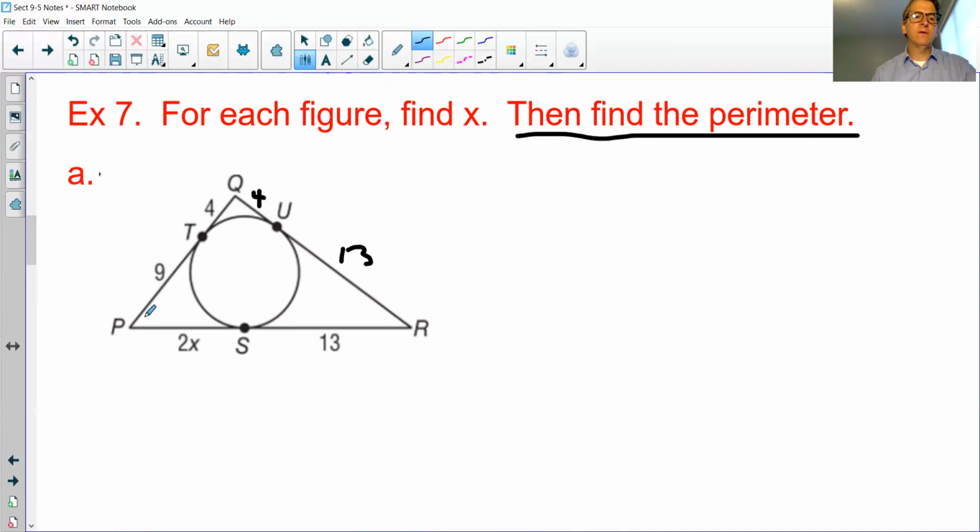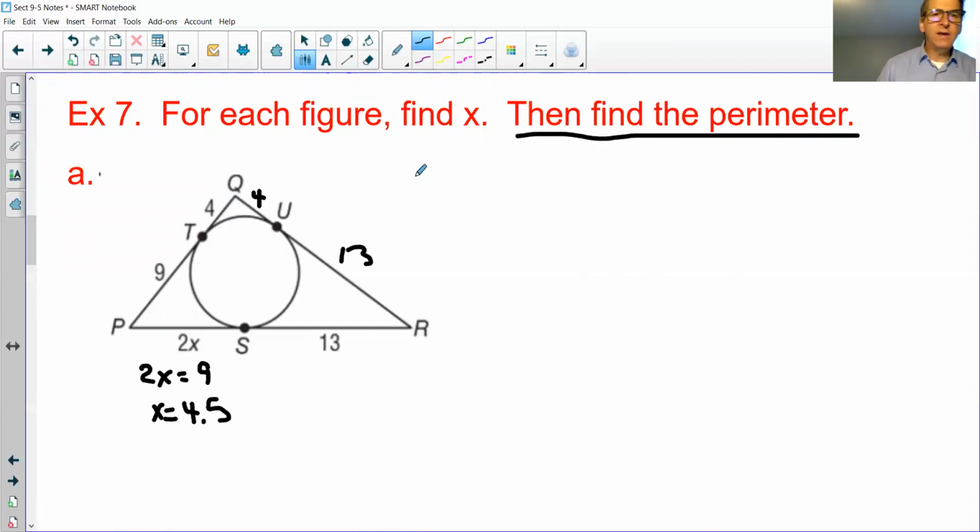And if this is PS, 2x equals 9. So 2x would equal 9. Okay, that would mean that x is equal to 4.5. So if you're looking for the perimeter of this triangle, you're going to start at one point and start adding them all up. You're going to start with this 4 here.